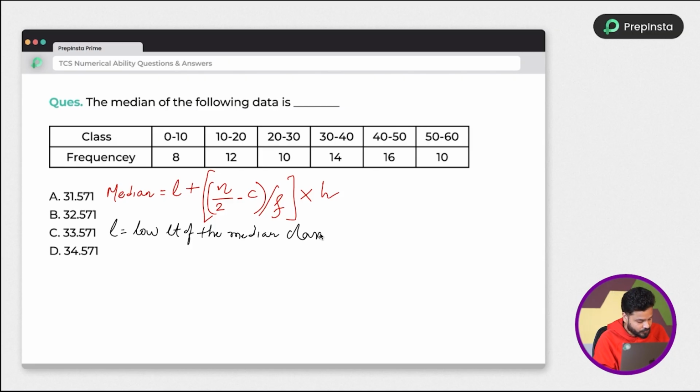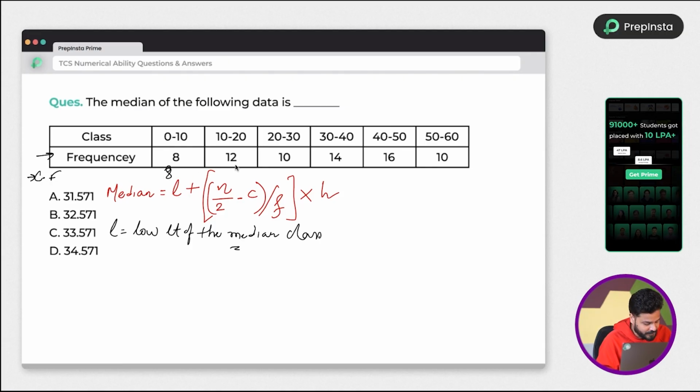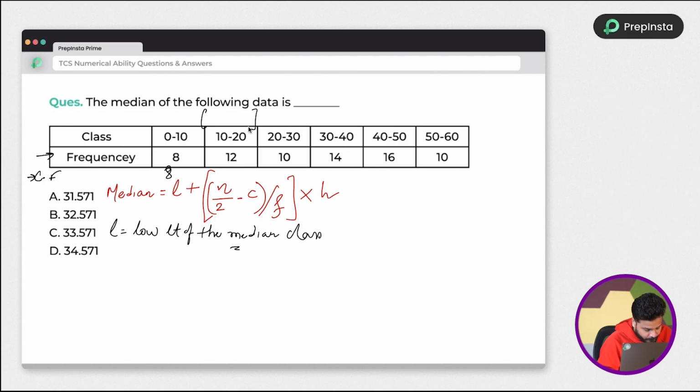Now, what is median class? Okay, let's find that. One thing, guys: to calculate the median class, frequency doesn't work. You actually have to find the cumulative frequency. The first frequency is 8. The next cumulative frequency is not 12. The 12 is the frequency of this particular class, but not the cumulative frequency. The cumulative frequency is whatever is before that as well, so you add that up.